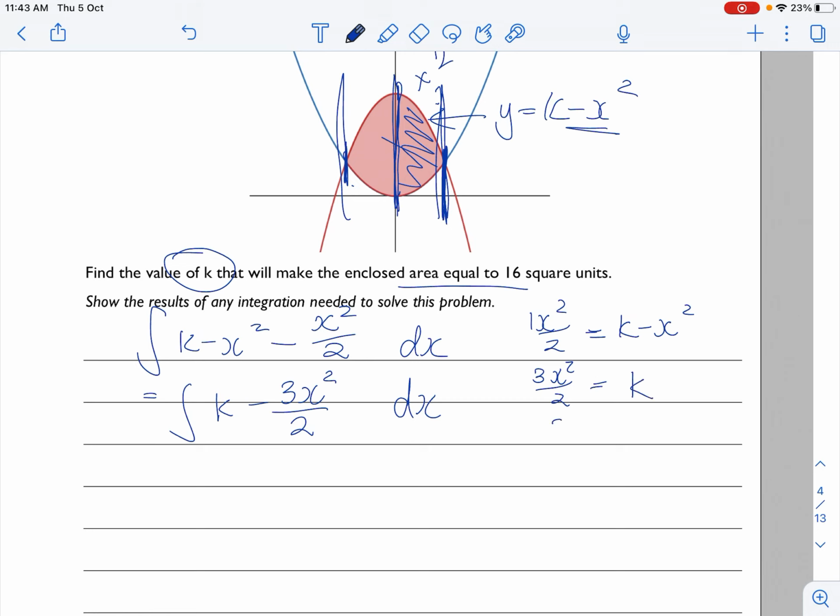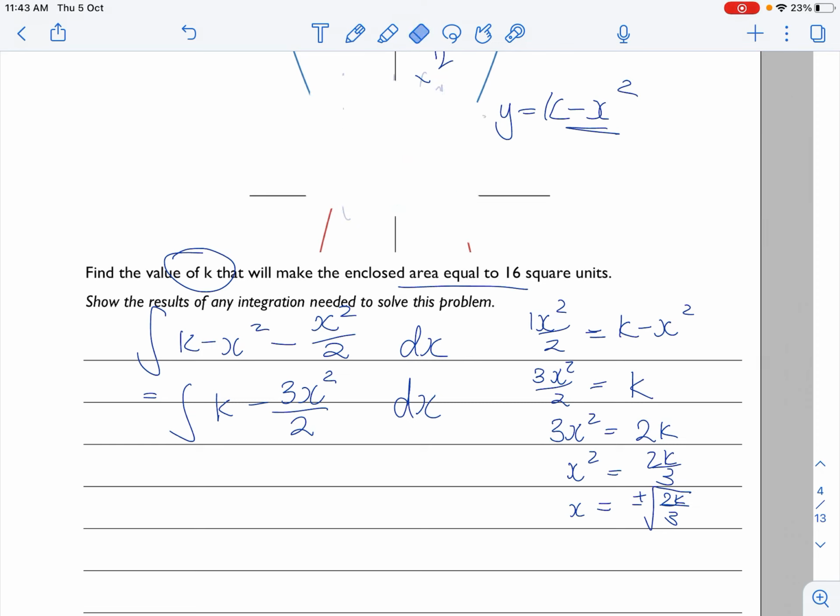Okay, times it by 2, k by 2. Divide by 3. And then take the square root of it. And I've put the plus or minus here, and that shows you that this is the plus version of it. This bit here is the minus version of it. I'll just rub off some of that stuff now.